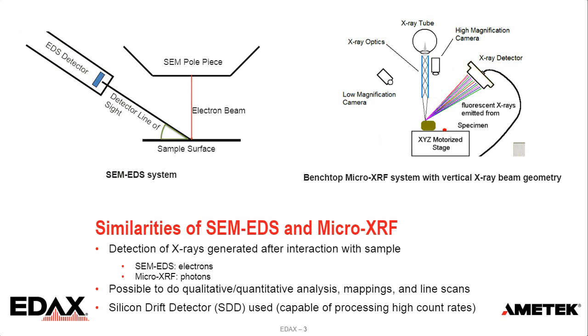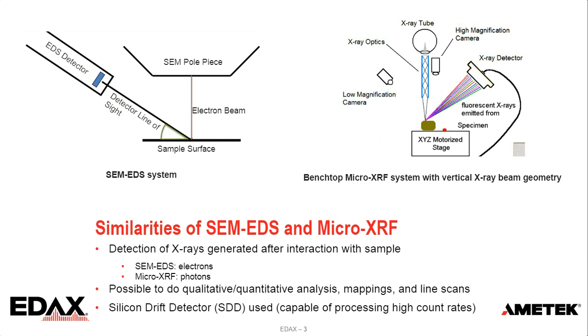So for SEM-EDS and Micro-XRF, both techniques detect X-rays generated after interaction with the sample. In the SEM-EDS, the electron beam interacts with the sample surface to generate X-rays, and those X-rays are captured by the EDS detector mounted on the side at an angle.